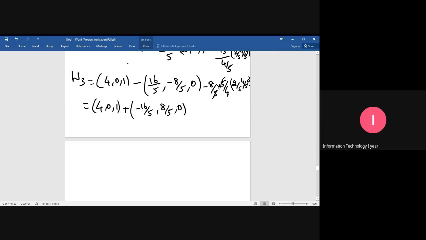Here 5 cancelled, and 8 by 4 is 2. So minus 2 into 2 by 5, 4 by 5, 0.